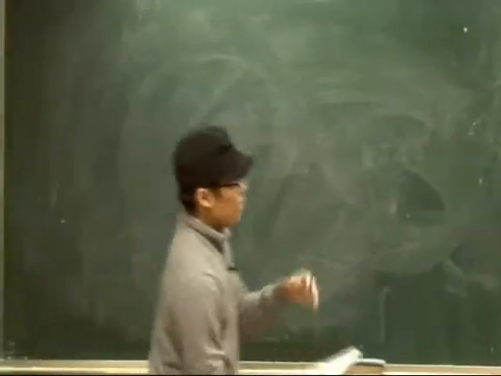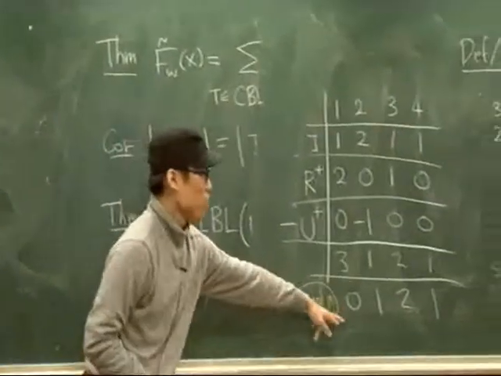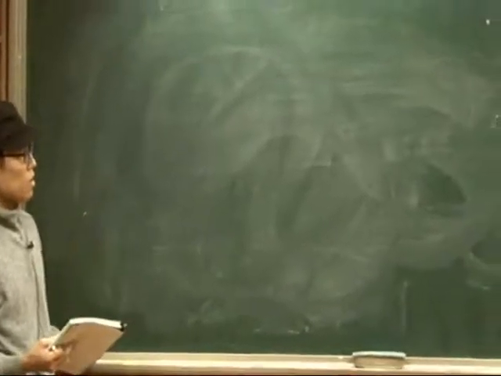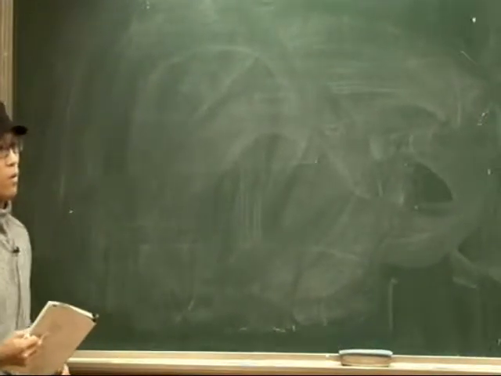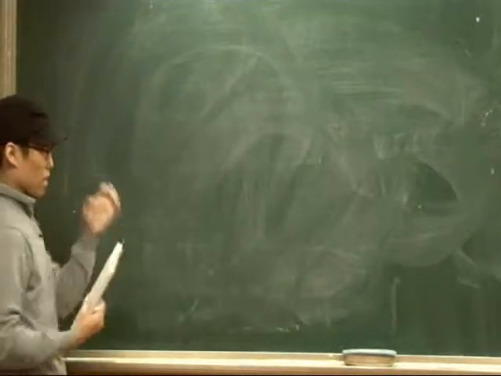And if we remember this construction of reduced word from a balanced labeling, we can find one very easy reduced word coming from a very easy balanced labeling.